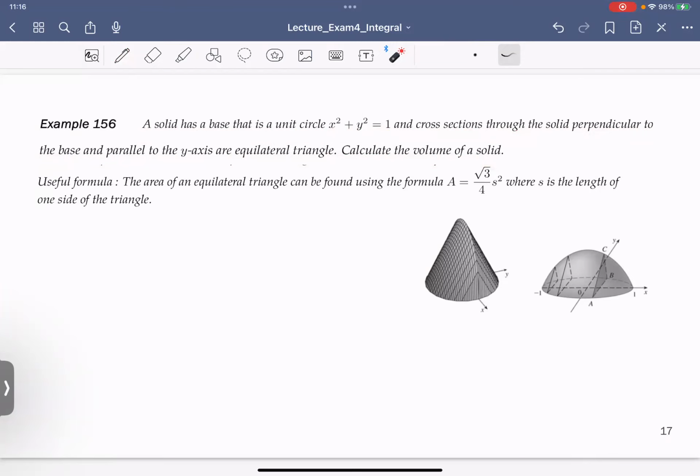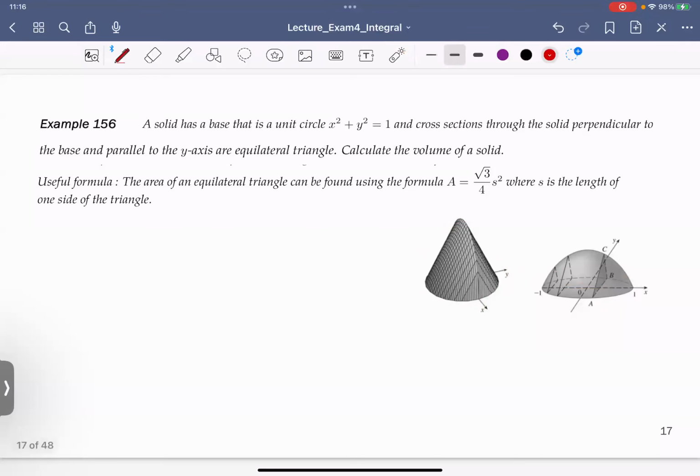This time the base is a circle, and every time you cut the circle here, you get a triangle. Once you get the triangles for the entire range, you get a solid like this. Make sense? We want to find the volume of this solid.